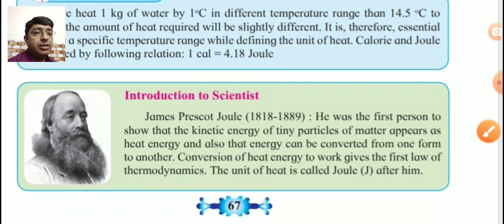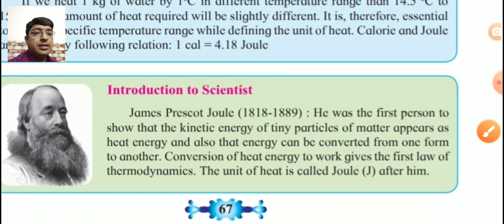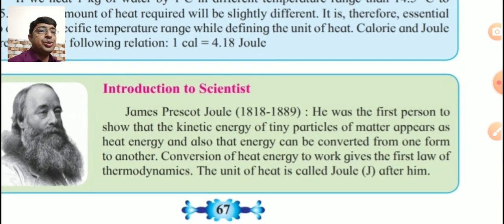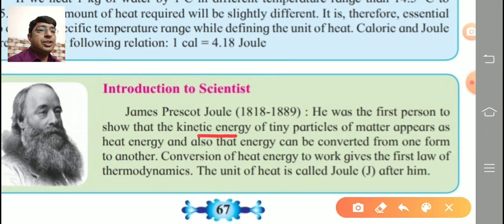Next, introduction to the scientist. James Prescott Joule, he was the first person to show that kinetic energy of tiny particles of matter appear as heat energy, and also that energy can be converted from one form to another.